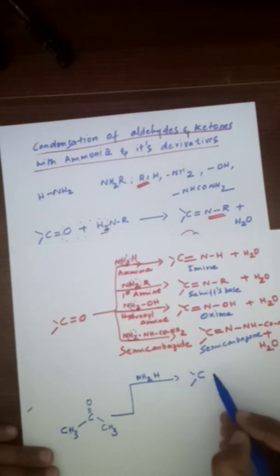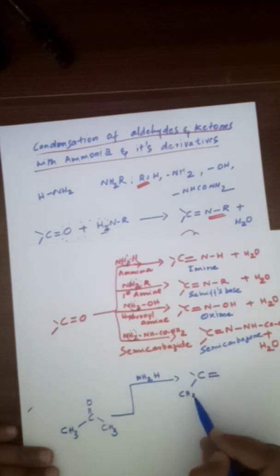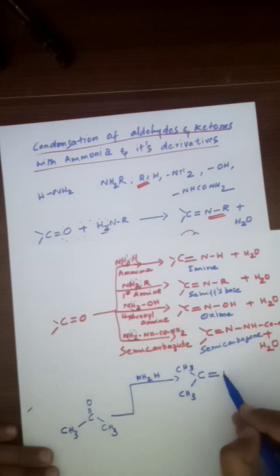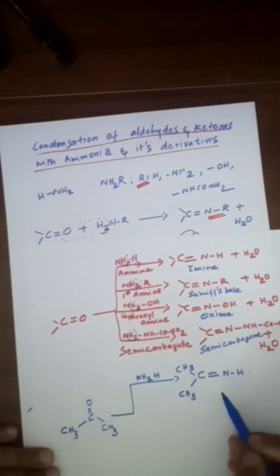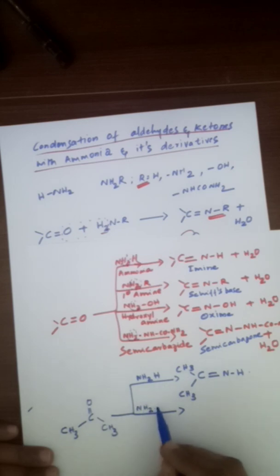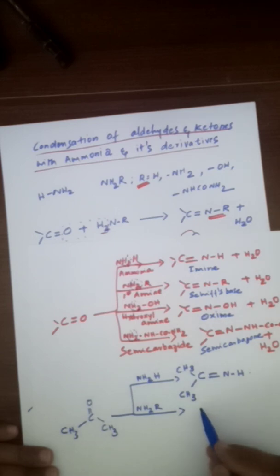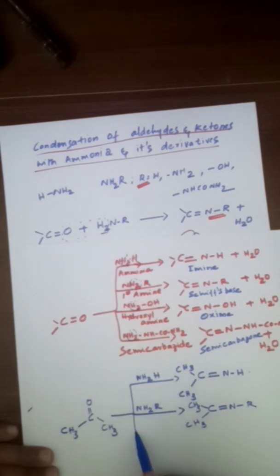You will get C double bond, this oxygen will not be there, so here CH3, here also CH3, NH. So this is an imine that you are getting. Then again I am using NH2R. So what product will you get? CH3, CH3, double bond NR. Again you are getting a Schiff's base.